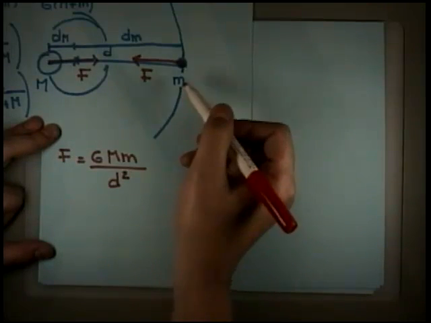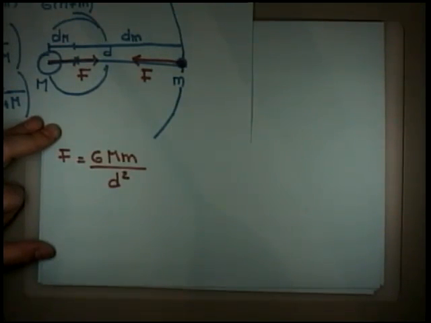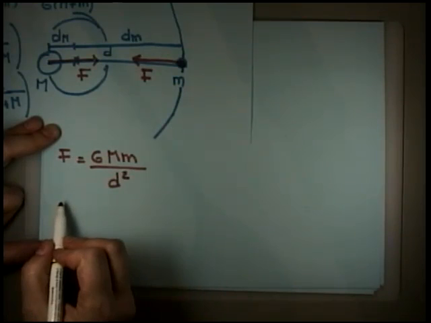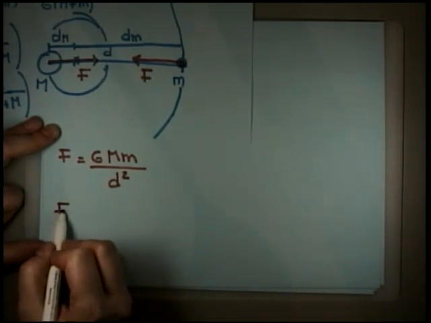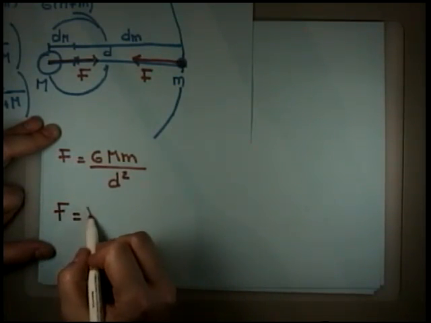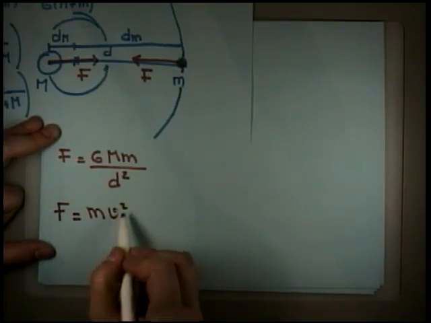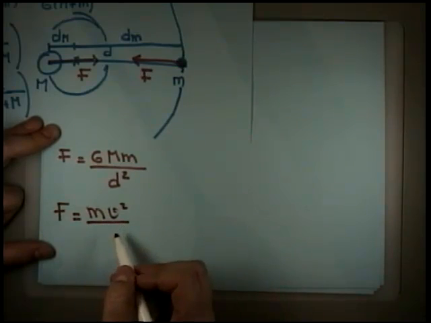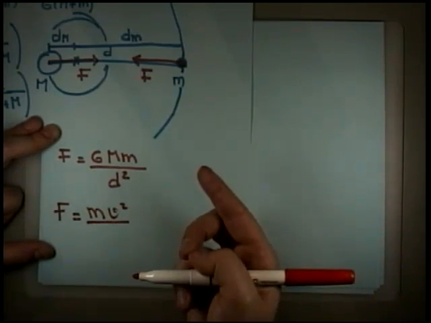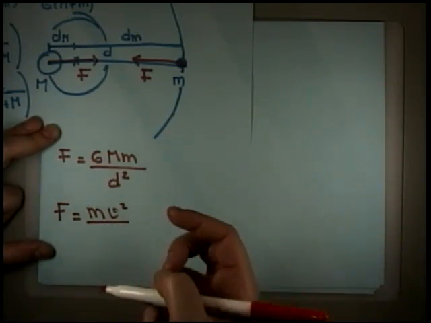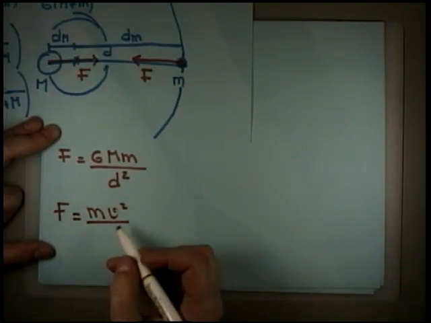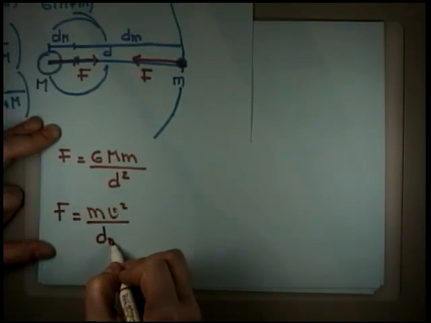Little m is being attracted by big M with this force, and this force is then acting as a centripetal force. So this force is also a centripetal force that depends on the mass of little m, the velocity squared, and the distance. But now it's not the distance from big M to little m. Instead, it's the distance from little m to the center of mass, which is d little m.